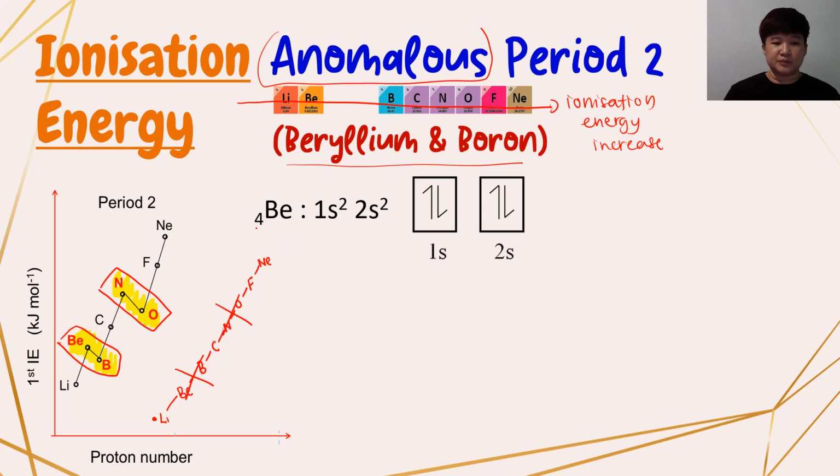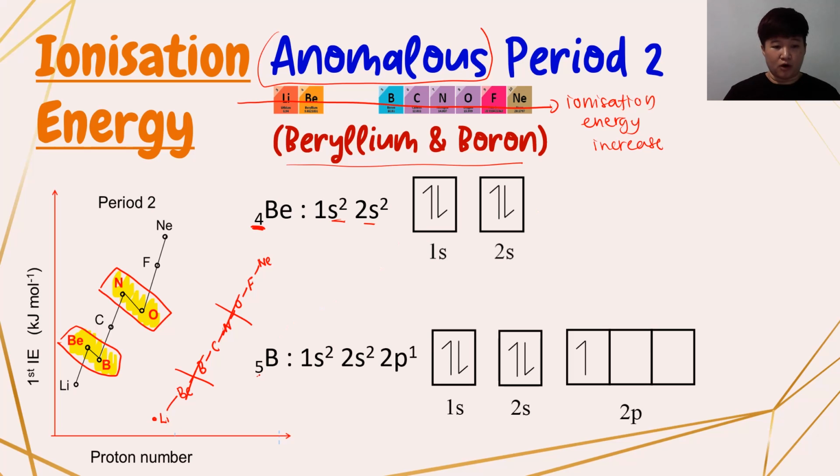This is the SPDF notation of beryllium, 1s2, 2s2, as given. And then I have my boron, 1s2, 2s2, 2p1. Bear in mind, ionization energy is the energy required to remove an electron to become a cation. So over here, which electron are we going to remove?